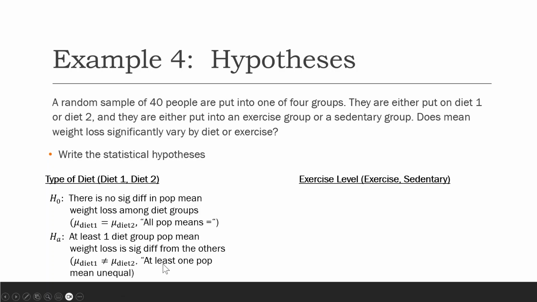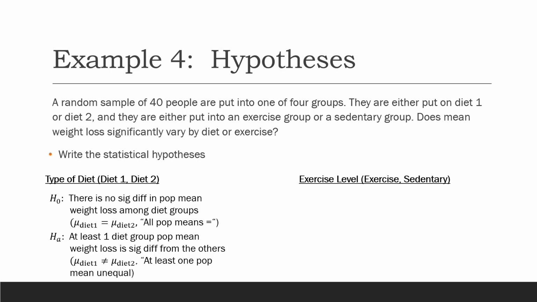So that's why I say at least one population mean is unequal. Well, we only have two here, so it doesn't quite align there. But I did want to include this to match cases where we may have more than two groups. So that's my alternative hypothesis. At least one diet group population mean weight loss is significantly different from the others.